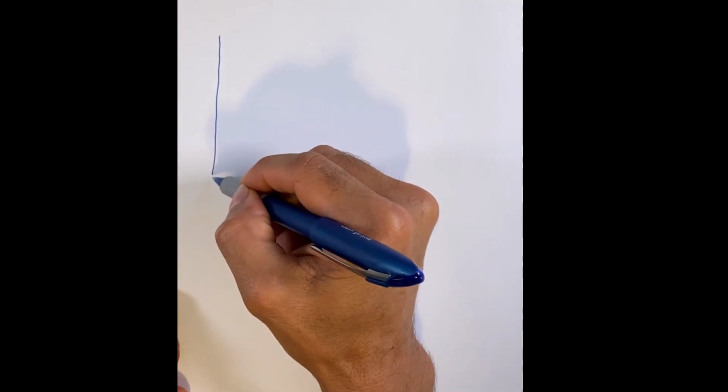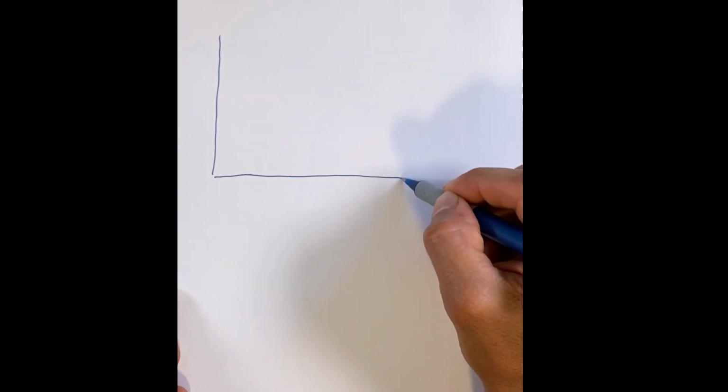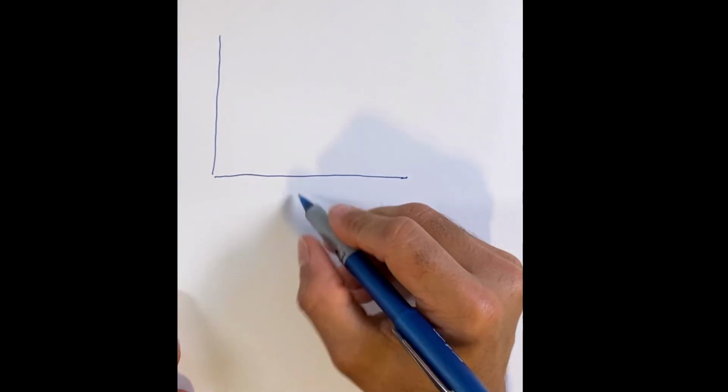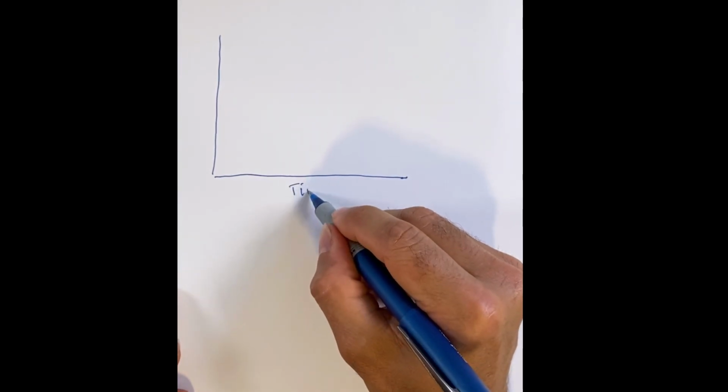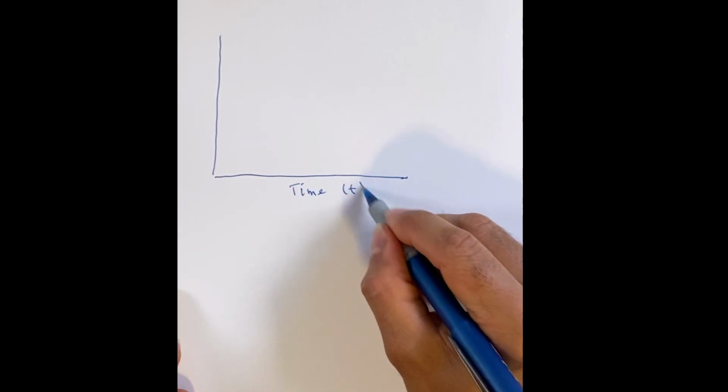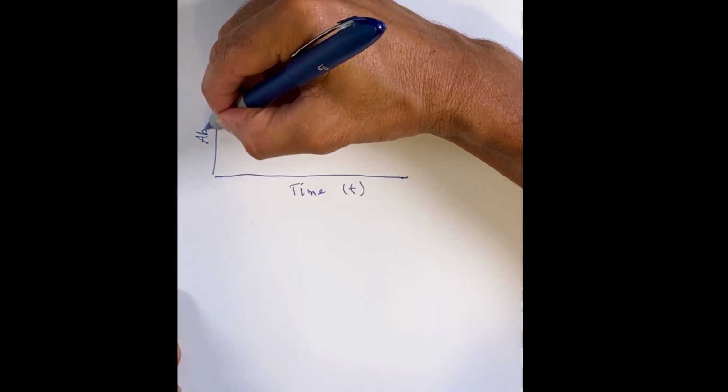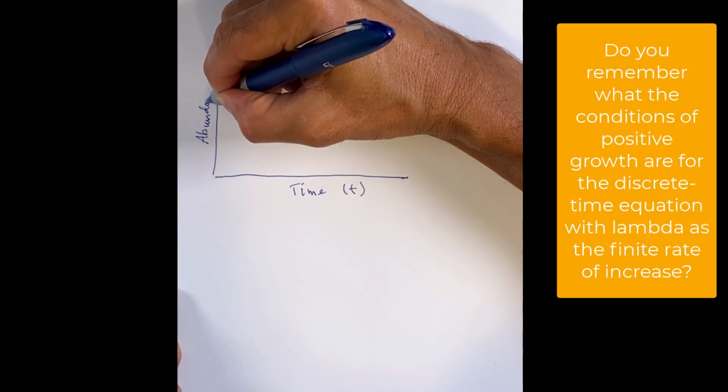The continuous form of this population equation, dN/dt equals rN, has the property that if r is positive, the population is going to be increasing. If r is negative, the population is going to decline. And if r is 0, then the population will stay constant.